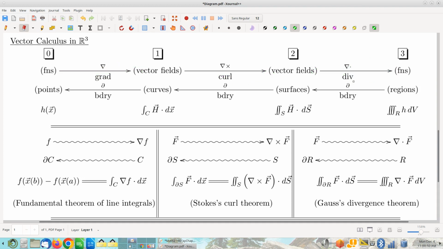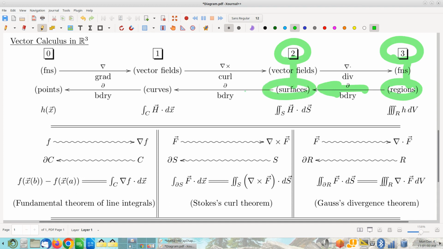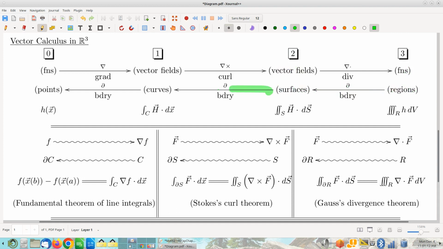I believe it is geometrically pretty satisfying that if you have a three-dimensional region and you take the boundary of that three-dimensional region, you get a two-dimensional, well, I guess that would be a surface now, wouldn't it? Right? You never take the boundary of a three-dimensional thing and get a curve. That's not how boundaries work, right? And likewise, the boundary of a surface is a curve. The boundary of a curve is always a collection of points, etc.